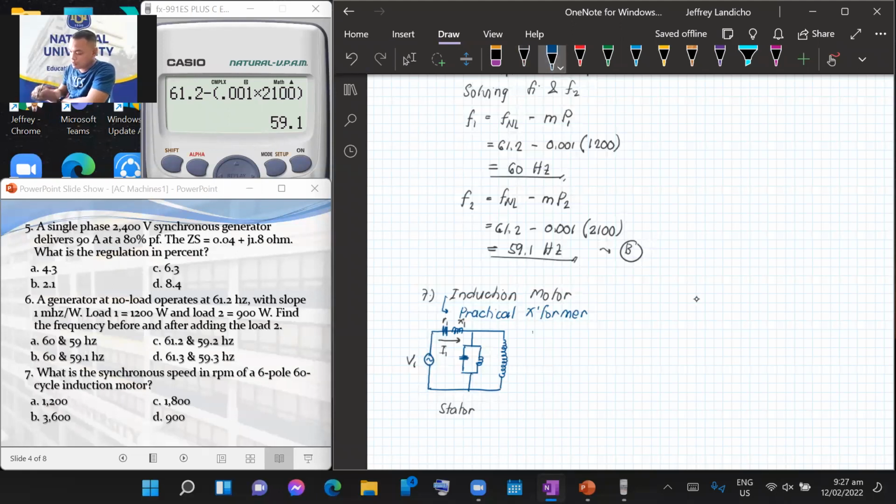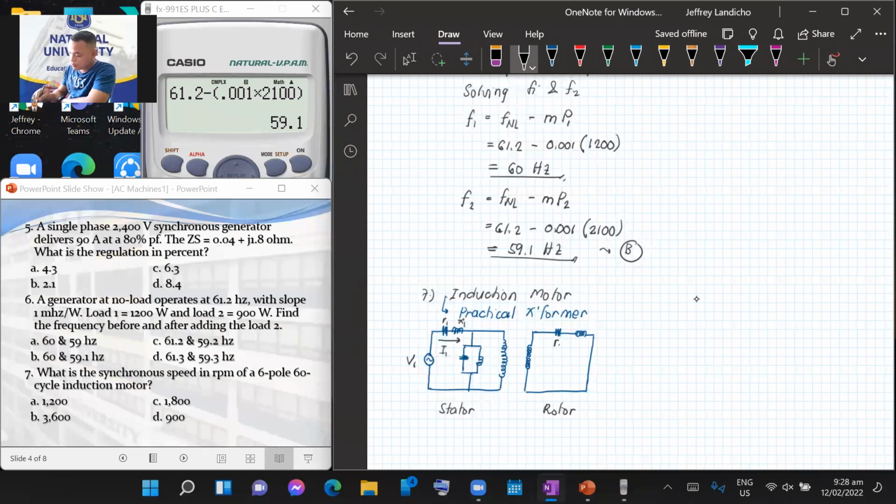Then we have its secondary. So the secondary represents its rotor. So pinagkaiba lang naman dito, wala tayong makita electrical or mechanical load sa ating secondary. So this is the rotor of our induction motor.